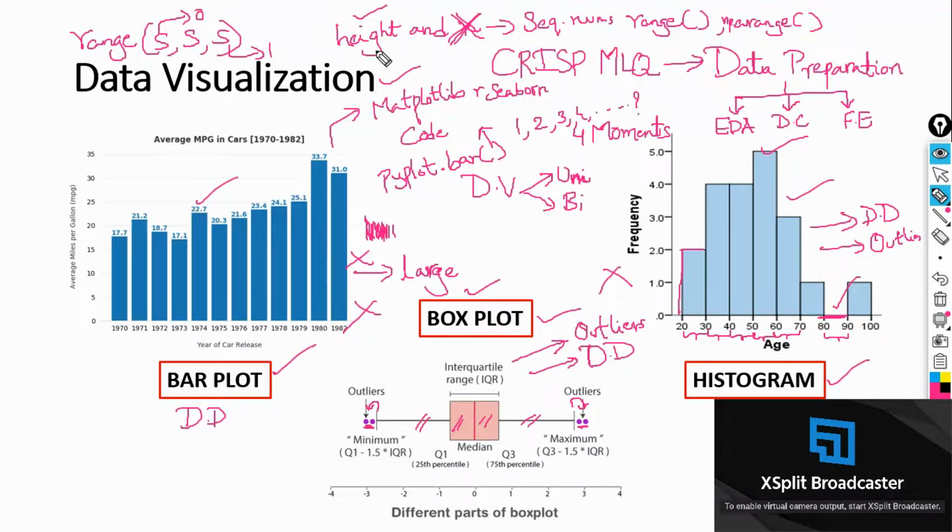Positional arguments are the arguments where the values are assigned within the function based on position. For example, bar is my function.